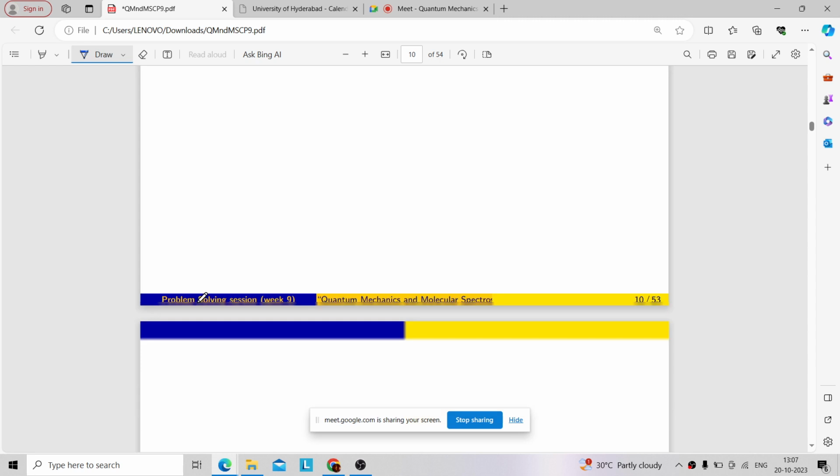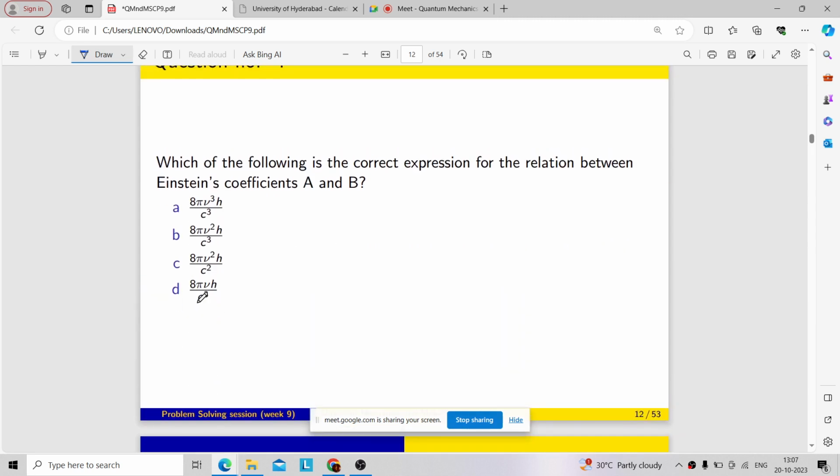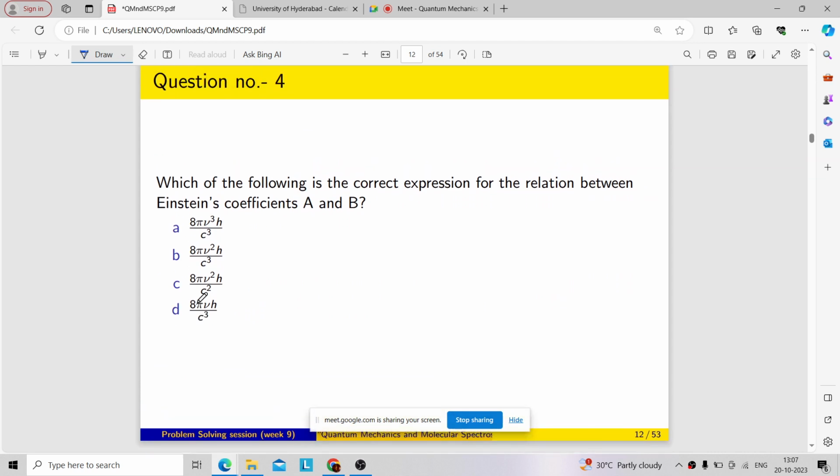Then moving on to the next question. Which of the following is the correct expression for the relation between Einstein coefficient A and B?